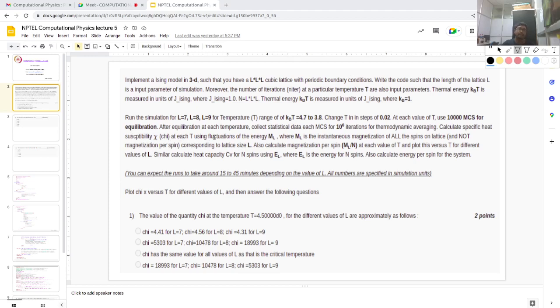That is the value for that particular temperature which I am going to print. And in the same way, you have the same code for the other two, L equals 8 and L equals 9. So if I am going to run this, what is my folder's name?